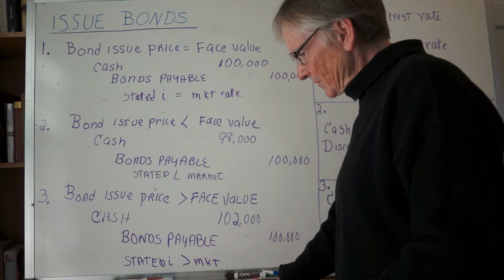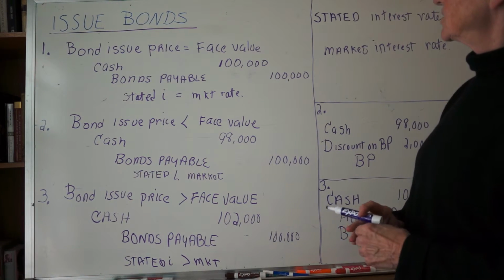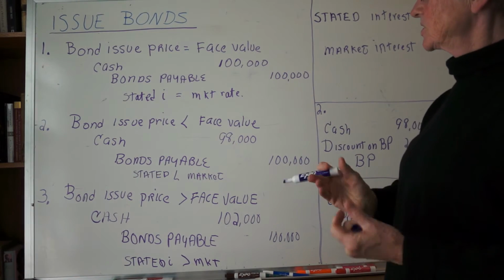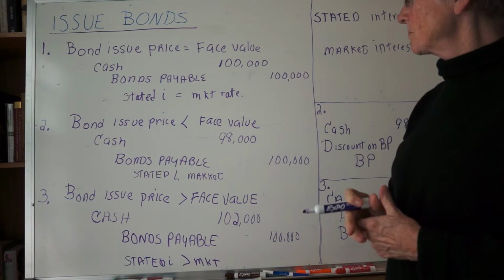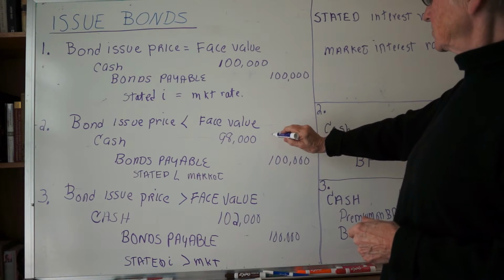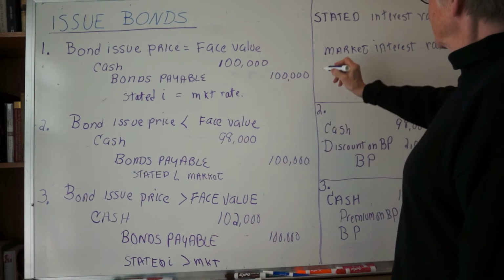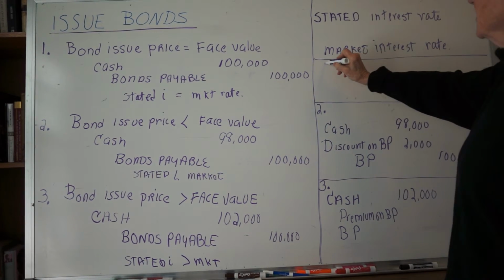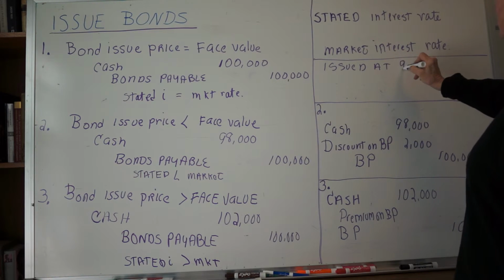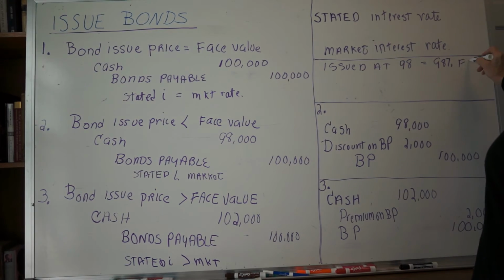Okay, so, the bond issue terminology. When we issue the bonds and we get the same amount of cash as we have to pay back, we say the bonds were issued at face value. In this case, where there's a discount involved, we would say the bonds were issued at 98. That means 98% of their face value.